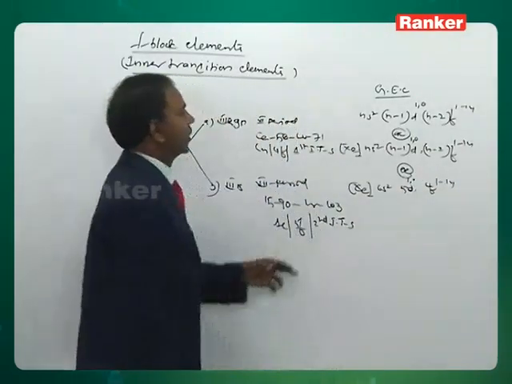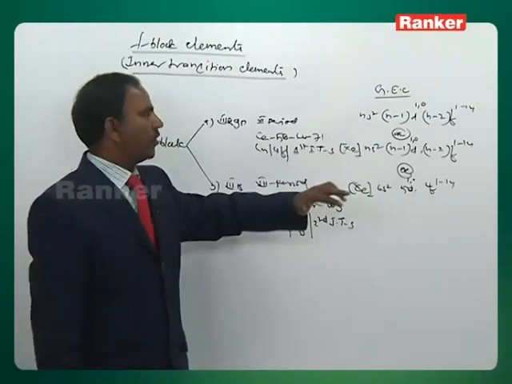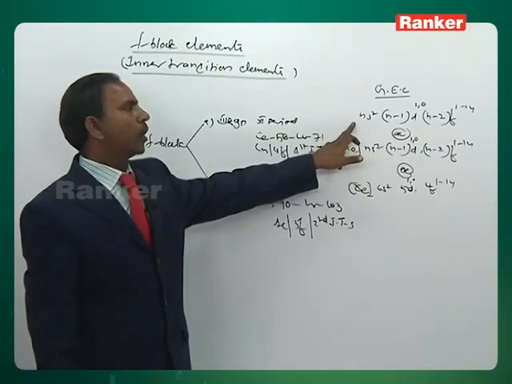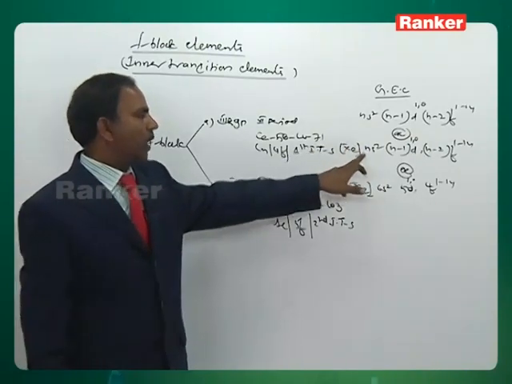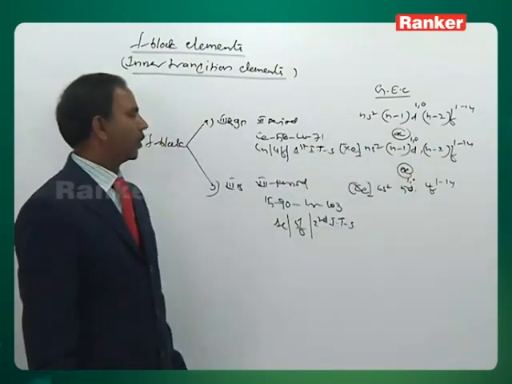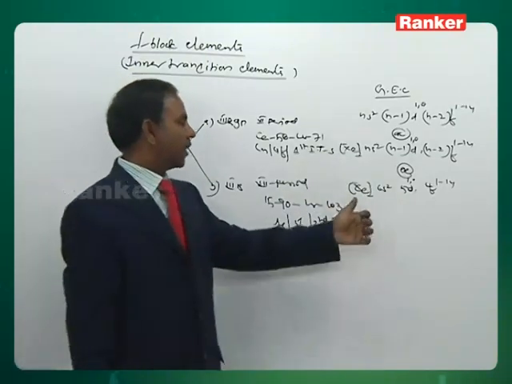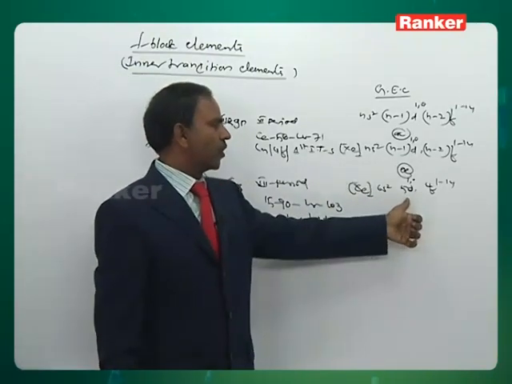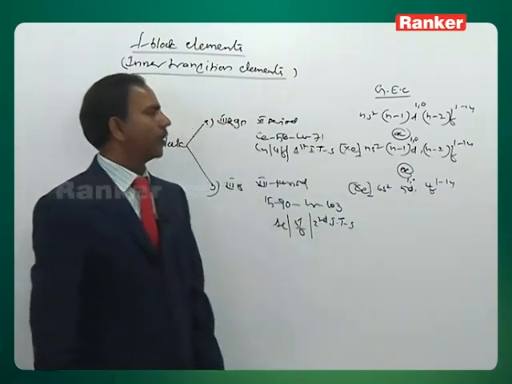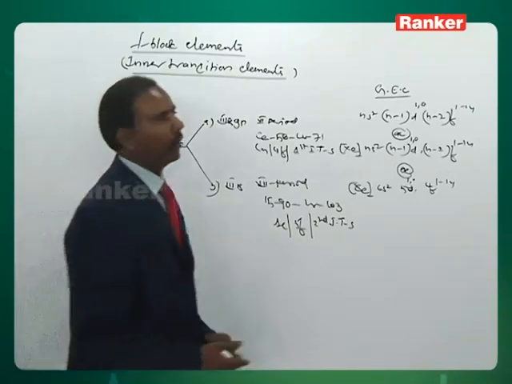Like this, the general electronic configuration of lanthanides can be represented in these three ways: ns2 (n-1)d0-1 (n-2)f1-14, then [Xe] ns2 (n-1)d0-1 (n-2)f1-14, and giving the shell numbers, [Xe] 6s2 5d0-1 4f1-14.